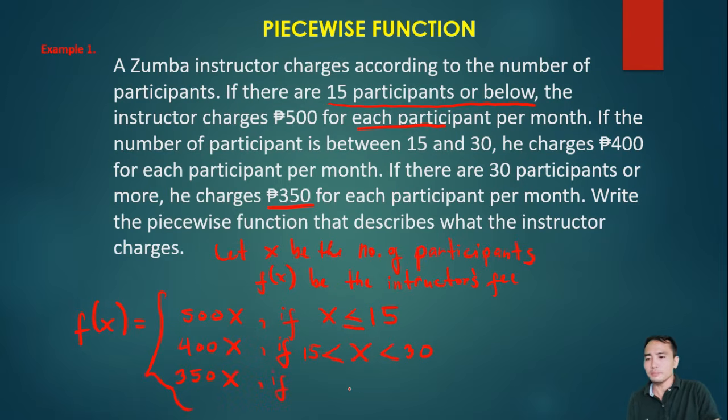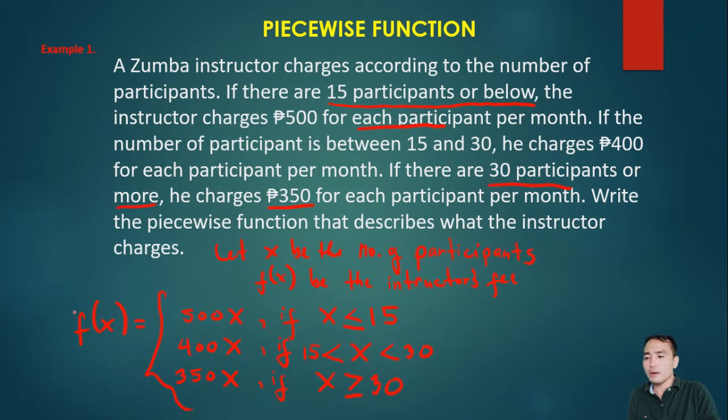If the number of participants is greater than or equal to 30. If there are 30 participants or more. So, ibig sabihin, hindi bababa sa 30 participants, babayad tayo ng 350 pesos per month. 350 pesos per participant per month.